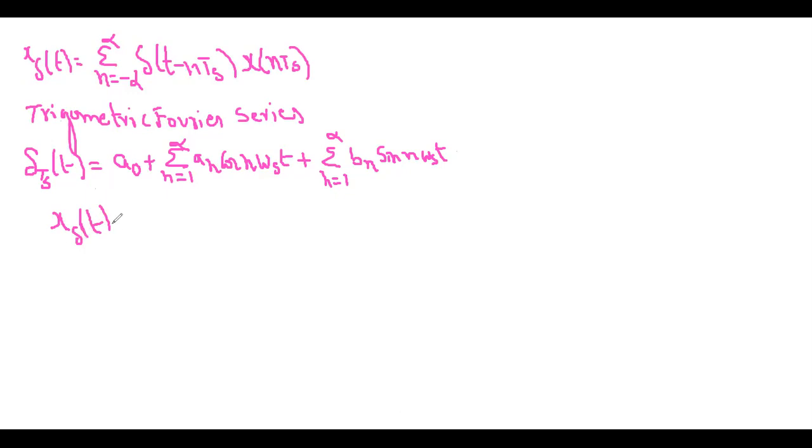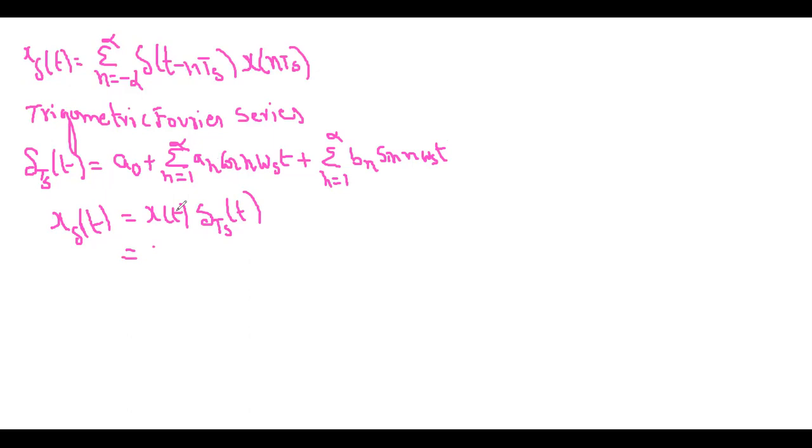X s of t is equal to x of t times the impulse train delta Ts of t, with the sampling frequency. That is equal to x of t into this total function.